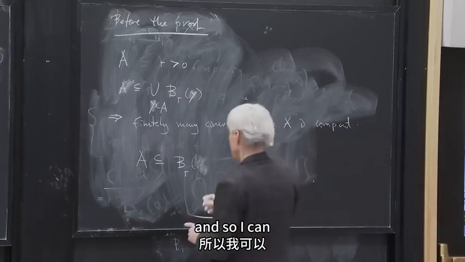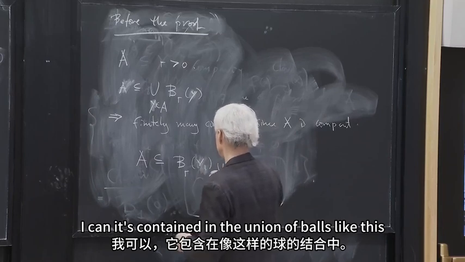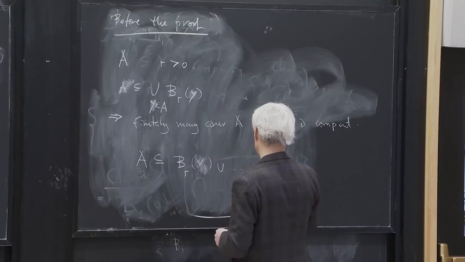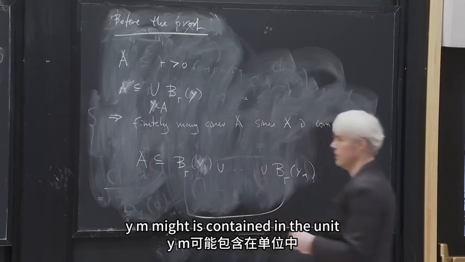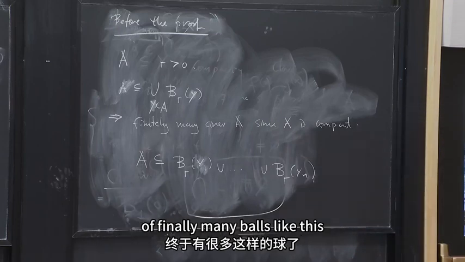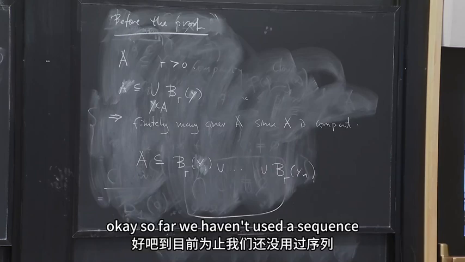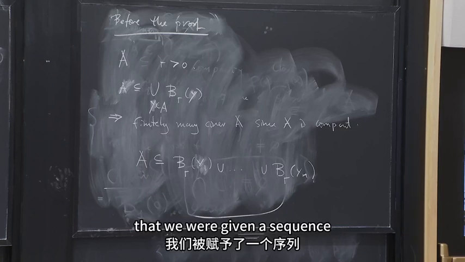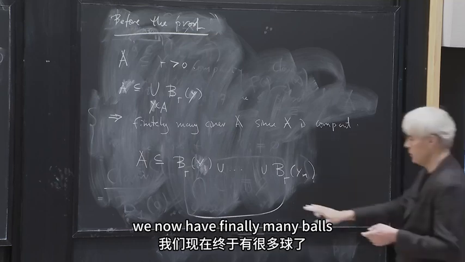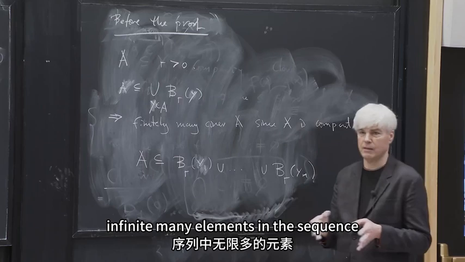And so it's contained in the union of finitely many balls like this, centered at Y1 up to Ym. Okay, so far we haven't used our sequence. But now, of course, we were given a sequence. We now have finitely many balls, and there are infinitely many elements in the sequence.